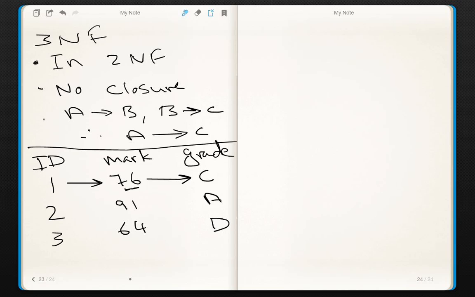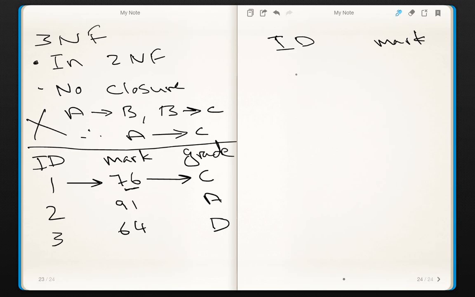Now this is not in third normal form, as we cannot have closure dependencies, right? As we said earlier. So what can we do here? We can, for example, again divide this table into two. We can have ID against the mark.